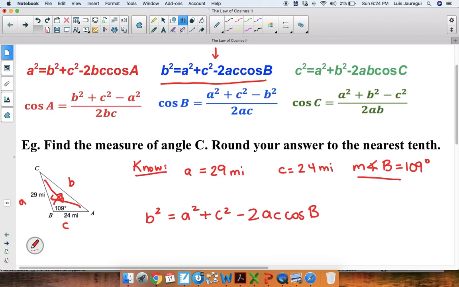However, before I do any substitutions, it's important that we realize what our ultimate goal is.